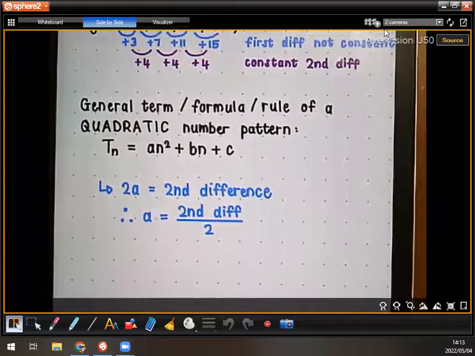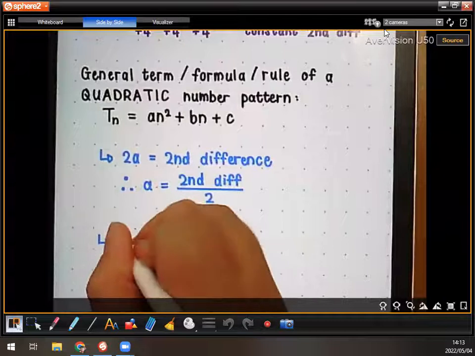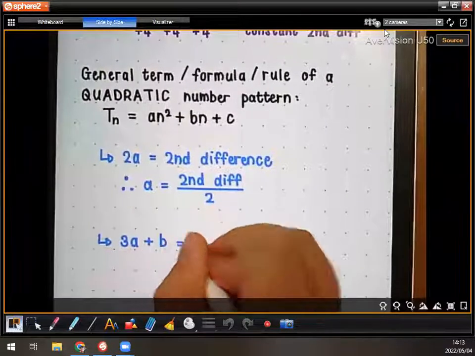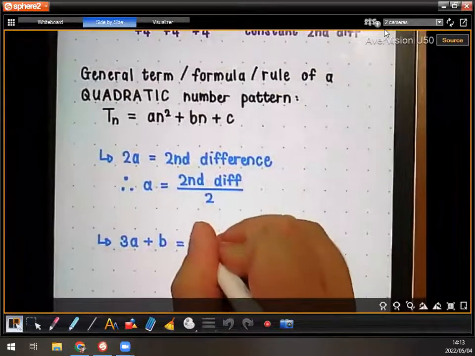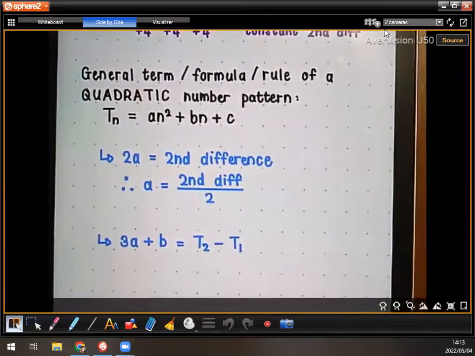Once you have your a value, you're going to use your a value to find your b value. So the second formula that you must remember is that 3a plus b is term 2 minus term 1. That might be a difficult one to remember.